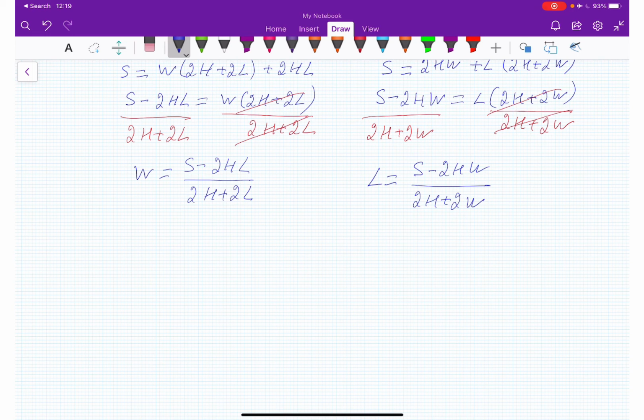So I'm going to use the formula for parallel connection of resistance in the circuit. And that formula is 1 over R1. Okay, question number 12.